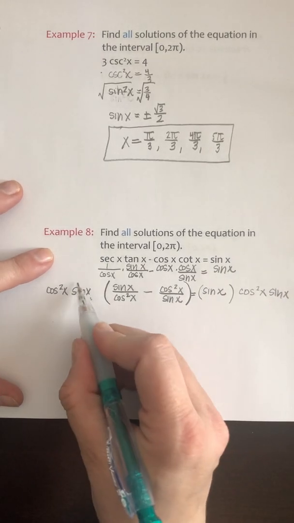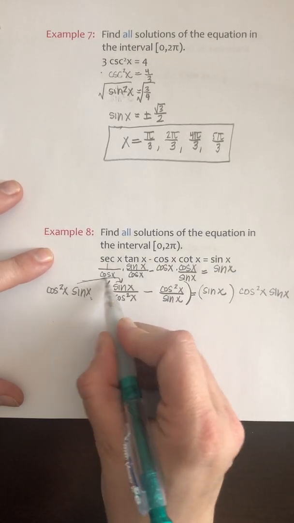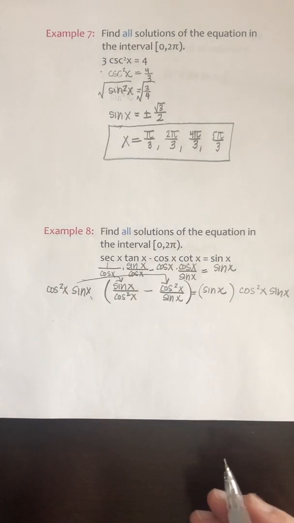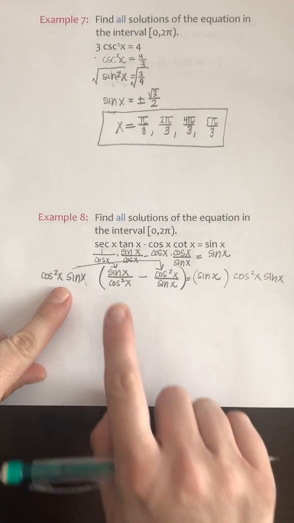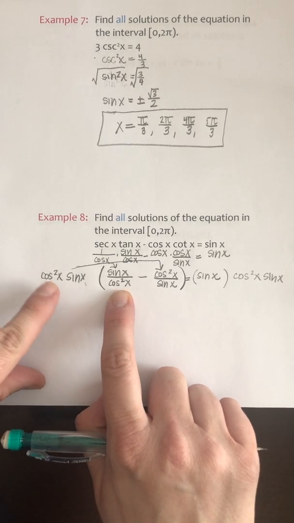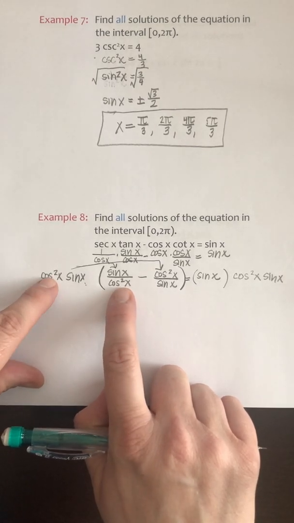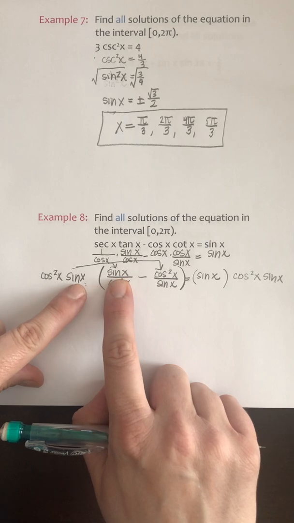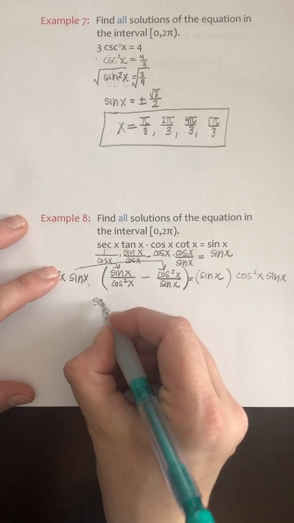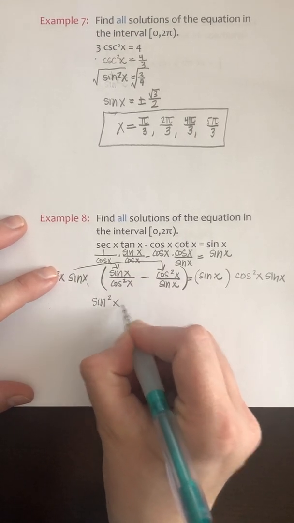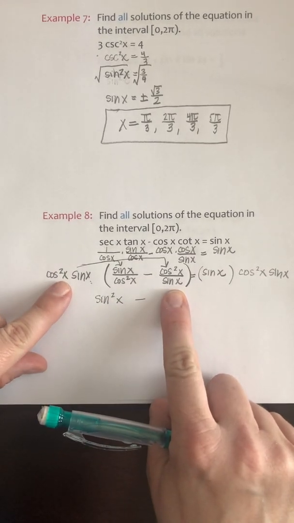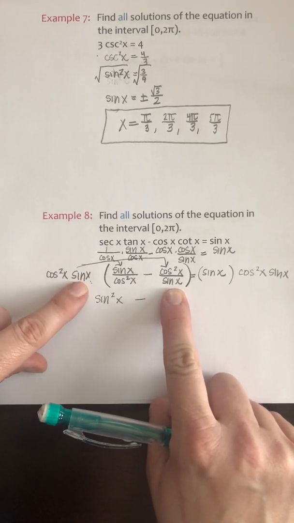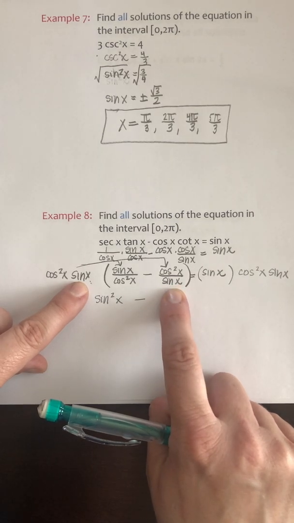All right, so I have to distribute over here, right? I have to take it to the first fraction as well as to the second fraction. So let's see what would happen if I multiply this times this. One thing I know is the cosine squared x is going to cancel out. That's going to leave me with sine x times sine x, which is sine squared x. So that takes care of my first fraction. Now let's look at the second fraction. The sine x and the sine x are going to cancel each other out.